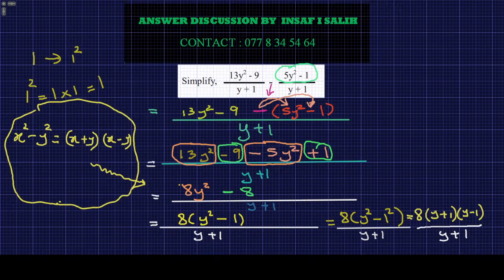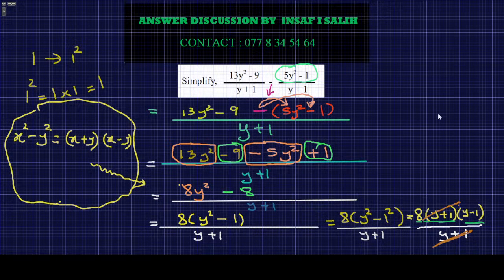It's 8 times y plus 1 times y minus 1. So here all the numbers 8, y plus 1 and y minus 1, all three components are involved in a multiplication, which means they can get cancelled. So y plus 1 in the numerator can be cancelled with y plus 1 which is in the denominator. So let's cancel. Y plus 1, this entire chunk gets cancelled with this entire chunk.